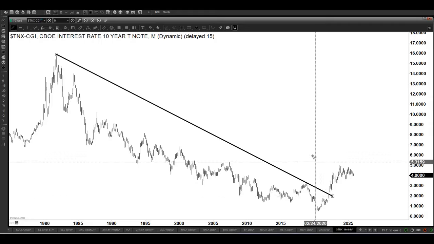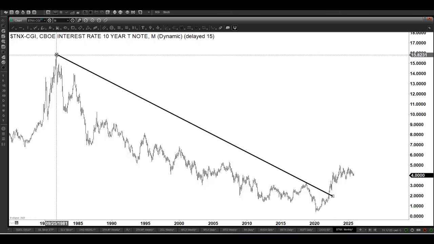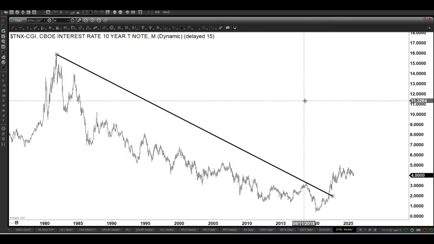This is the interest rate cycle. This is the 10 year note, from the 1981 peak to the bottom in 2020. I'm not expecting the Fed rate to go below zero.